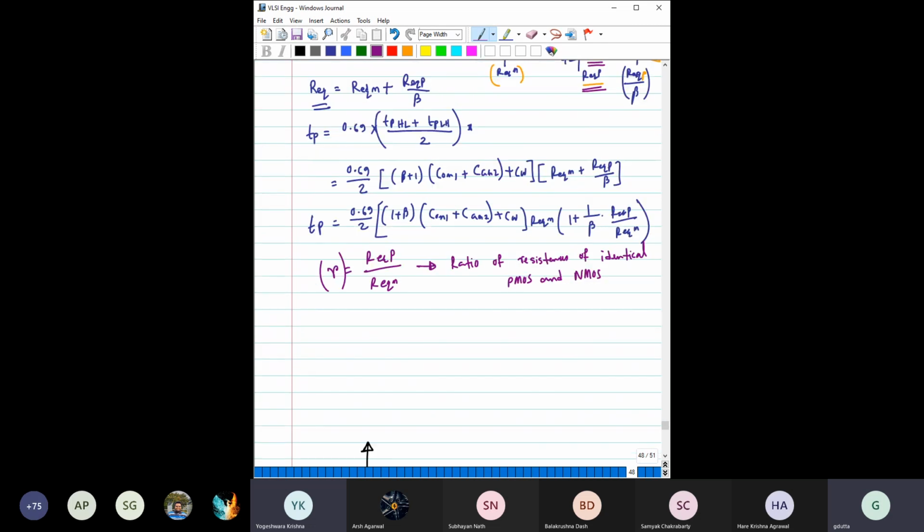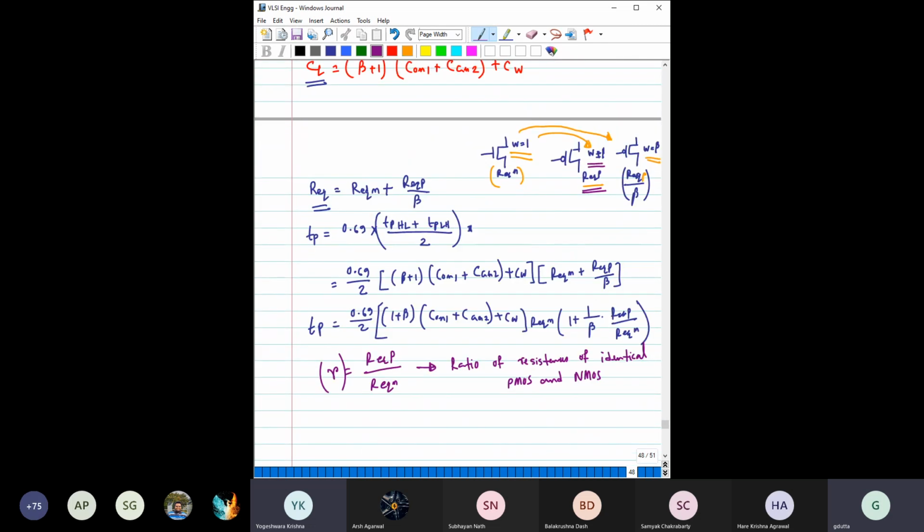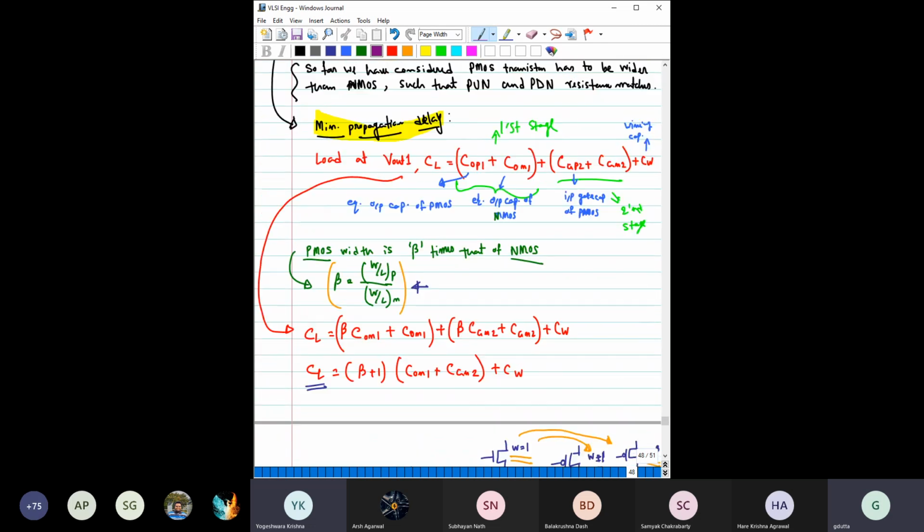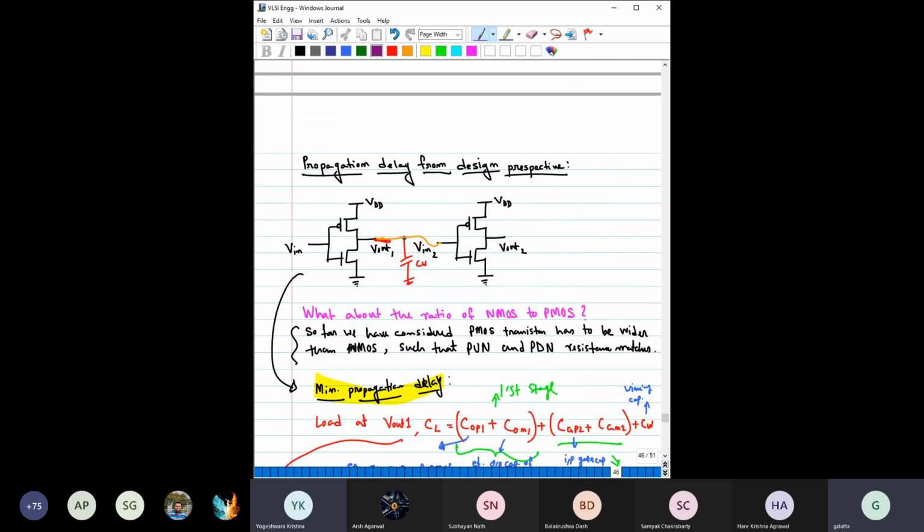Let me tell you something here. Suppose this is PMOS, this is NMOS, and you have a load capacitor here, a VDD here, V in and V out.